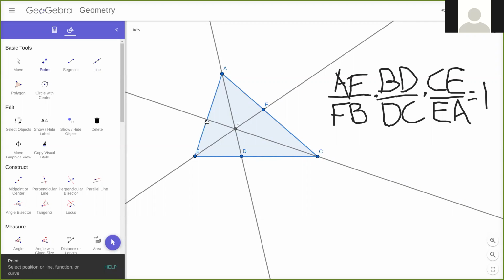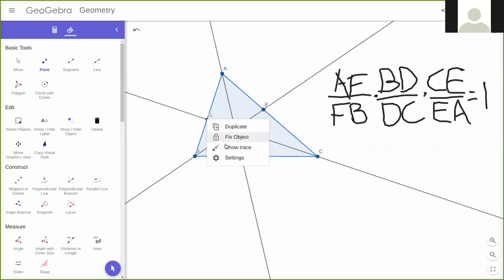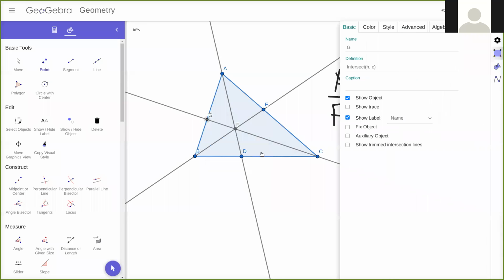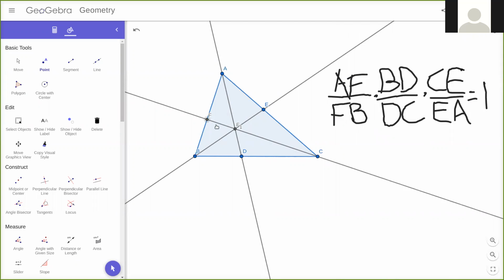And let's rename this point as F. Okay, so we start out with the assumption that these Chevians are concurrent, and we want to find some property about the lengths. And so how do we relate this property to something about the lengths?